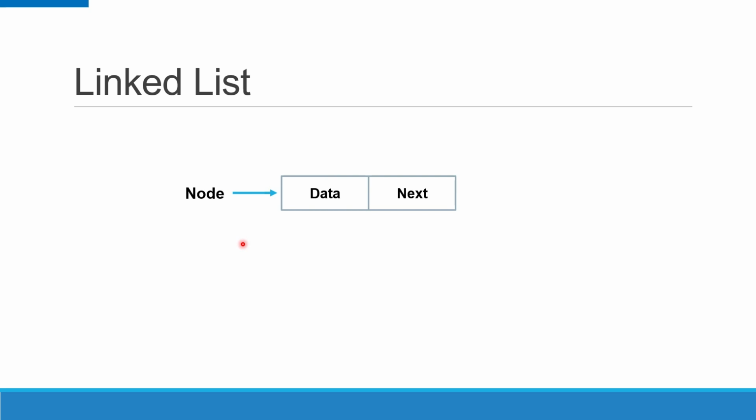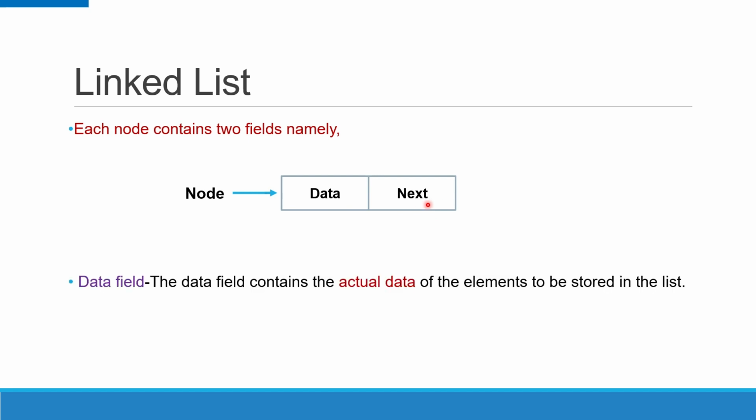Next we'll see the linked list representation. So this is the representation of a linked list. A node has two fields. One is the data field and another one is the next field. The data field contains the actual data, what you are going to store in memory.